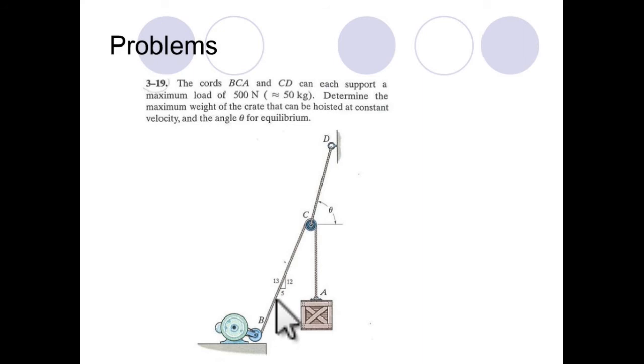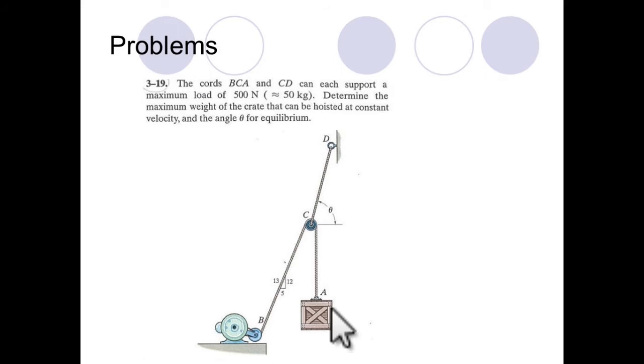Well, the cord BC makes an angle of 5-12-13, and the cord CD makes an angle of theta. CA is vertical and the load is lifted at a constant velocity, so the acceleration is 0.